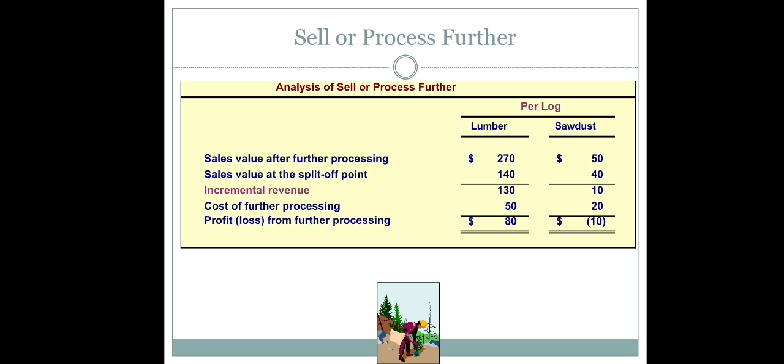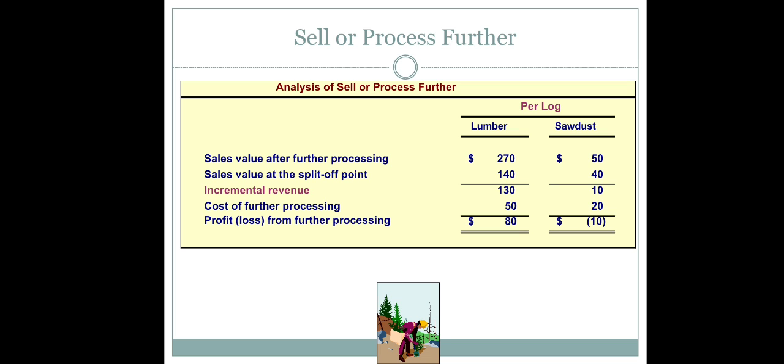So it means that the incremental revenue of further processing is $10. And then you see there, the cost to process further is 20. Now, the incremental revenue is less compared to the incremental cost. So the business will make a loss of $10.